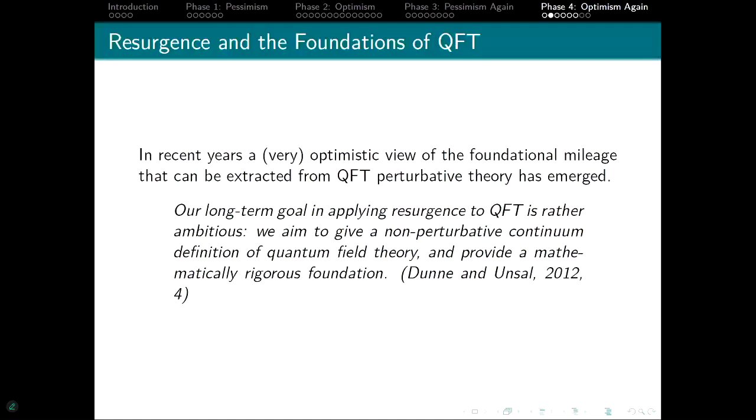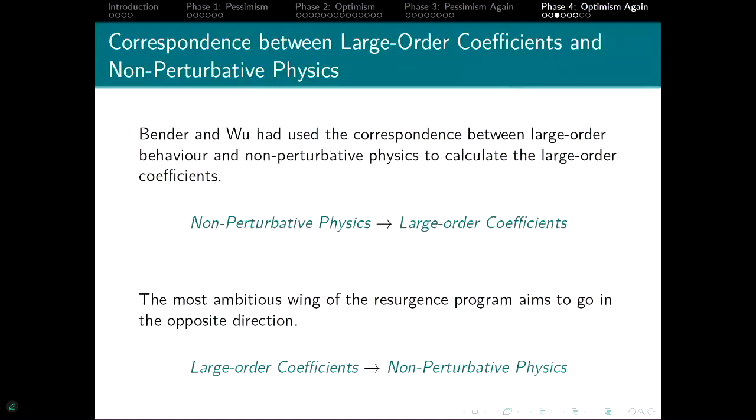This quote illustrates this return of optimism. Dunne and Ünsal say, our long-term goal in applying resurgence to QFT is rather ambitious. We aim to give a non-perturbative continuum definition of quantum field theory and provide a mathematically rigorous foundation. So that's pretty optimistic, I would say.